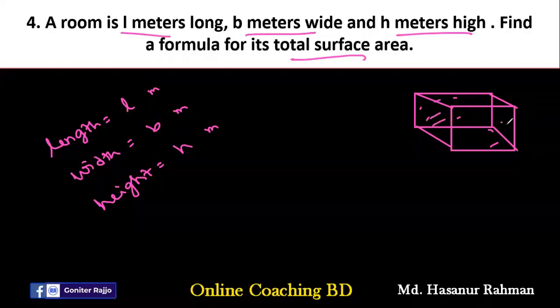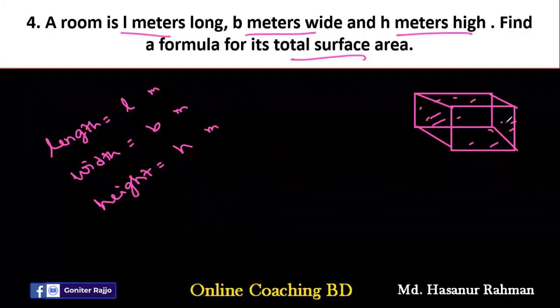This is the left part, this is the right part, this is up, this is down. So you will get total 6 parts here. And every surface you will get an area. So front and back both are same, up and down both are same, left and right both are the same. Then the final total surface area we can write in this way.